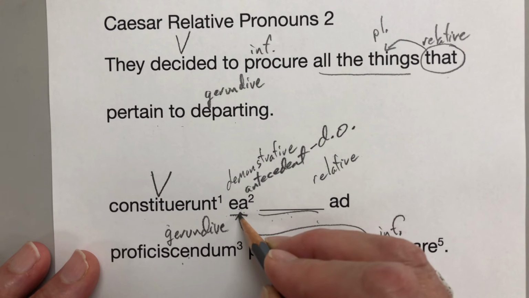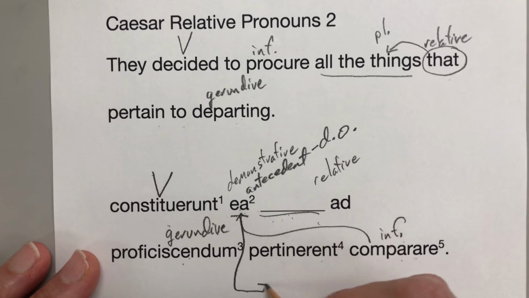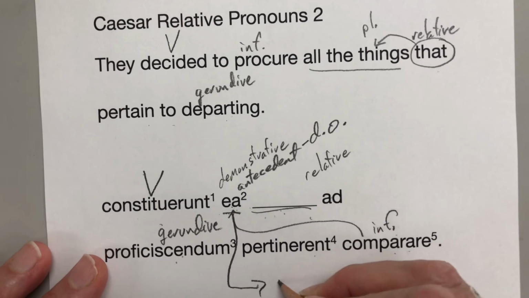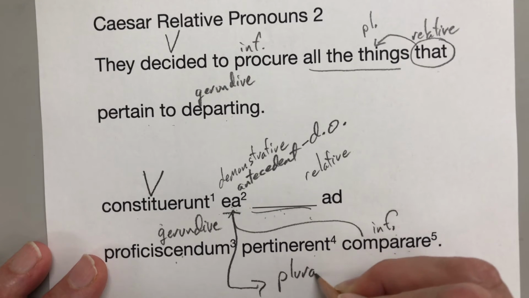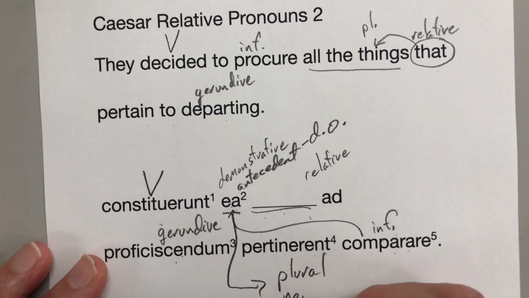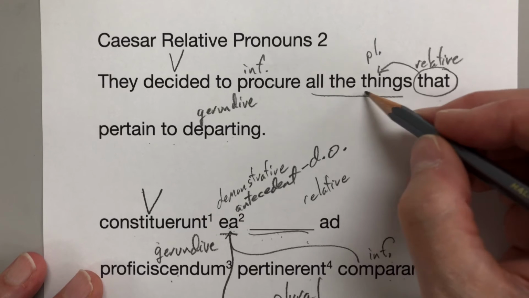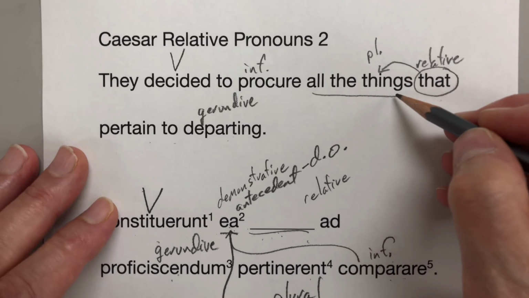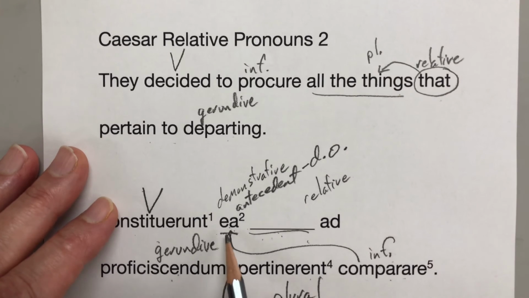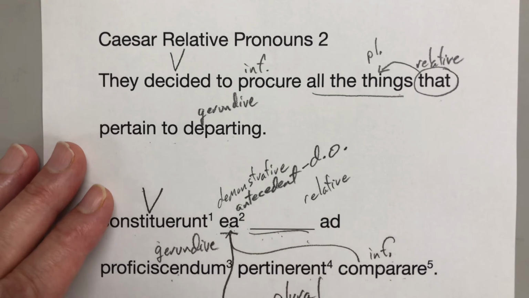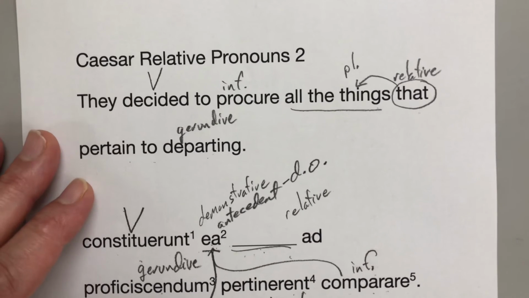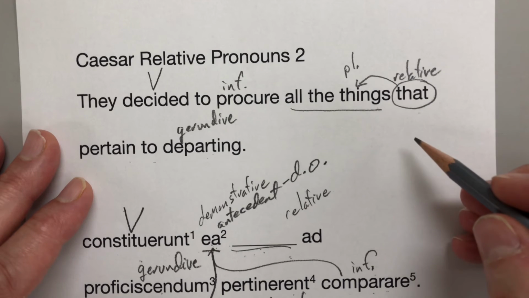So here's the antecedent, and the number and gender of this is plural and neuter. And it's neuter because we're saying up here all the things. And the way the Romans say that in Latin is just with the demonstrative pronoun in the plural and the neuter.